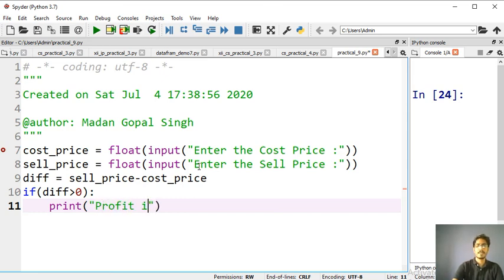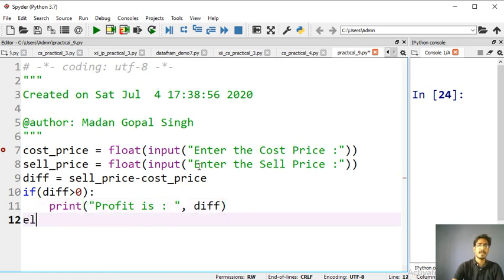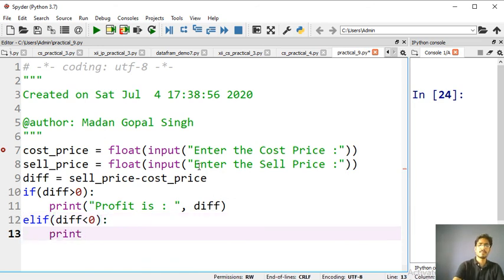Profit is what? The difference is the profit. And if the difference is negative, that means loss, because the cost price is greater than the sell price. Loss cannot be shown in negative, we will show it as a positive number.